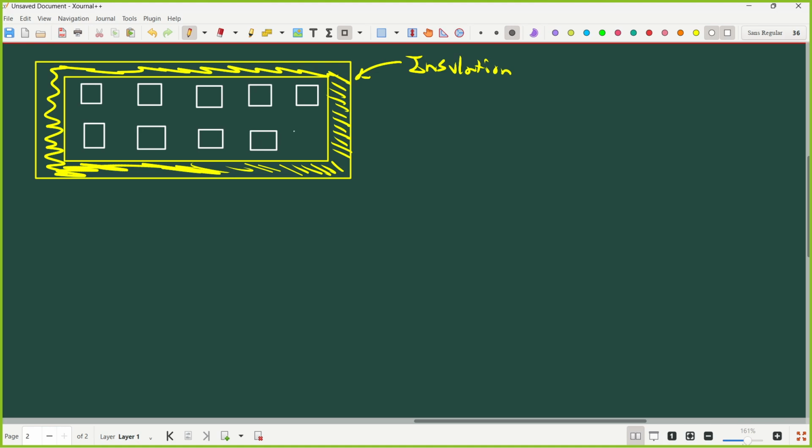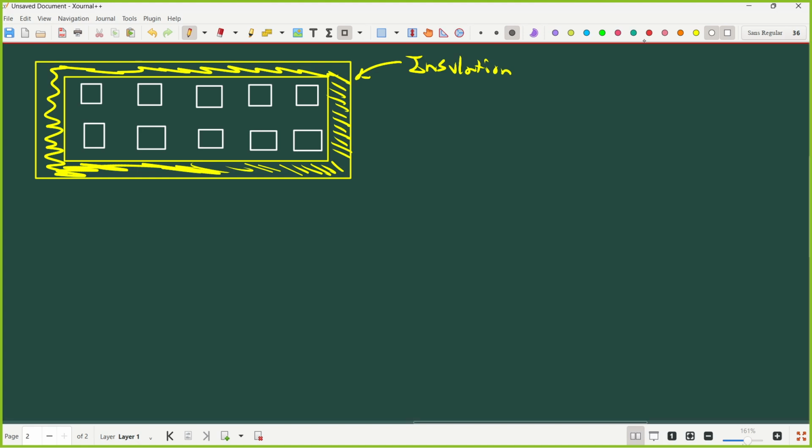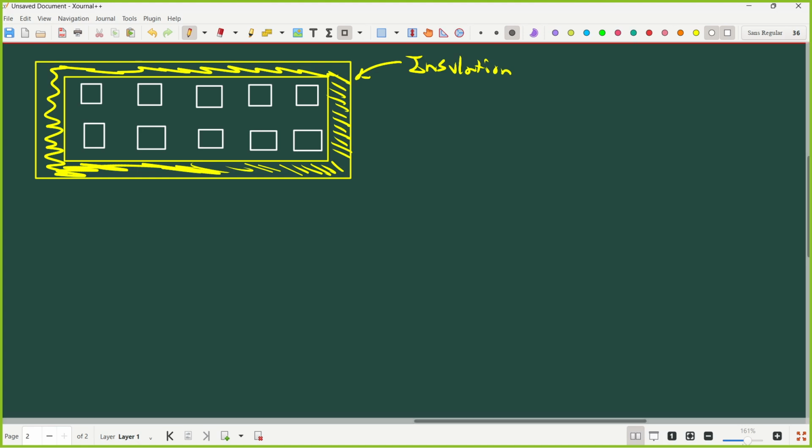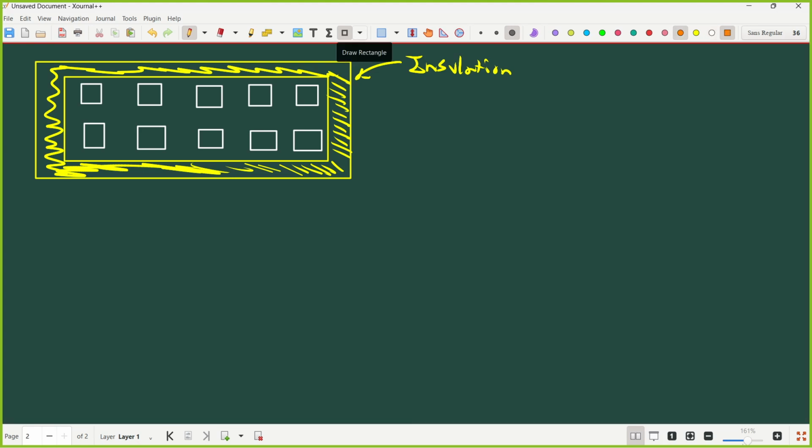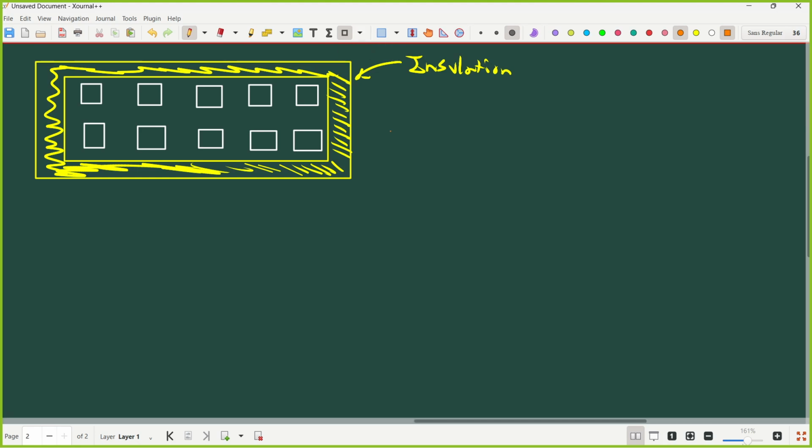Doesn't matter. In between the boxes is a material that allows heat to transfer, a diathermal material. So no energy can escape here, but energy can transfer between each of the little sub-boxes.